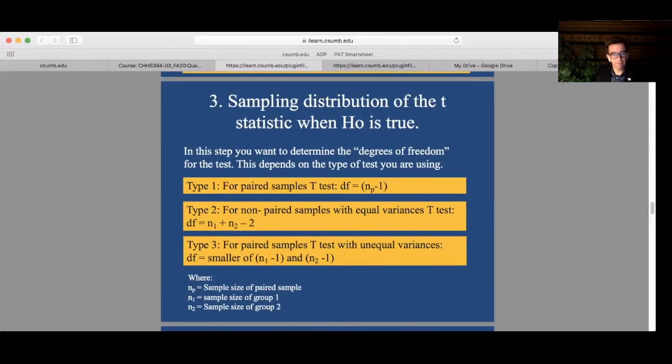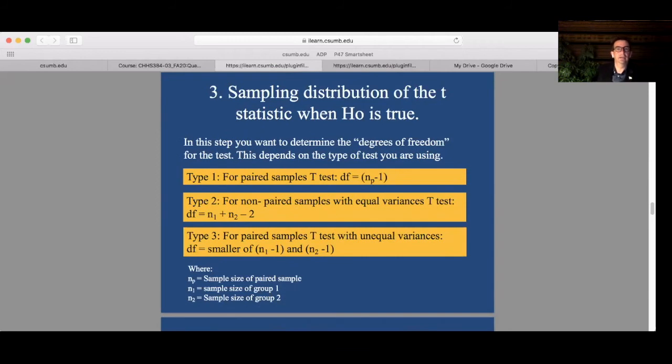Okay, the third step is to determine the sampling distribution of the t-statistic when the null hypothesis is true. That is, when we are sampling from a population where there's no difference in the means, what do they look like, right? If we calculate t-statistics for these two samples, and we plot them, what would that plot look like?